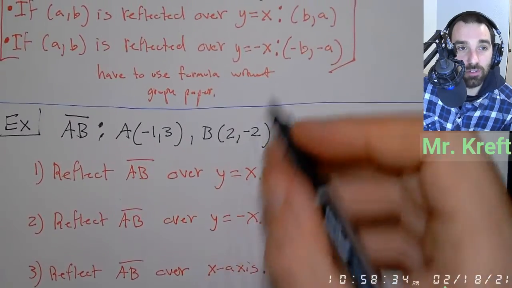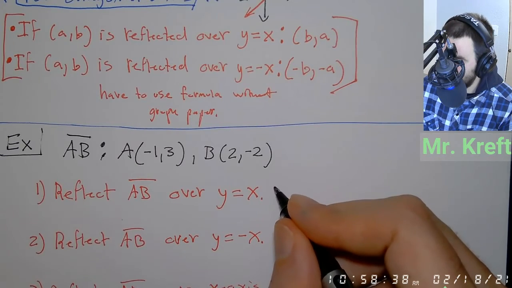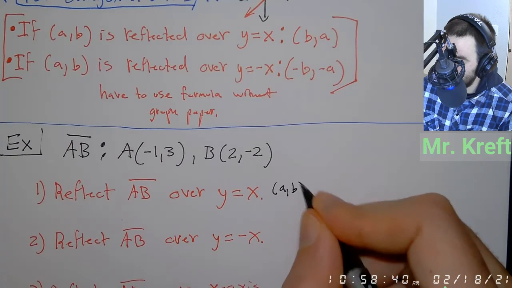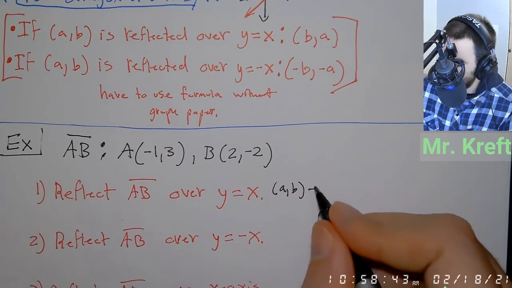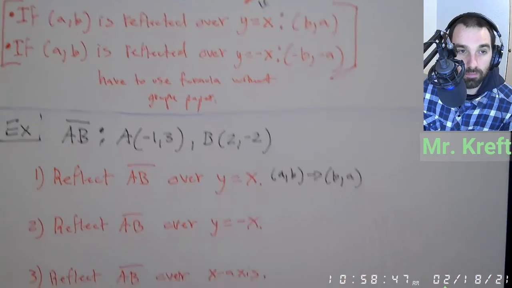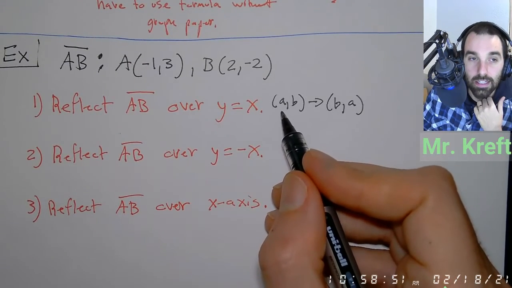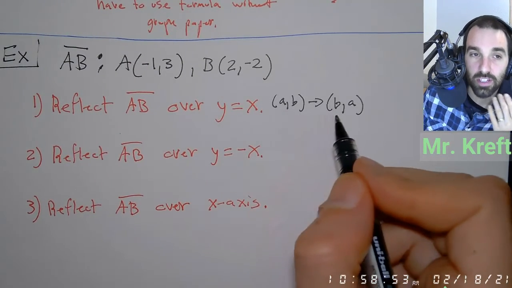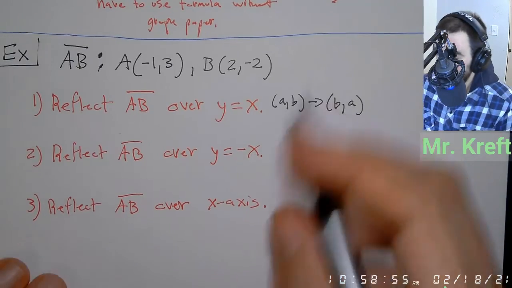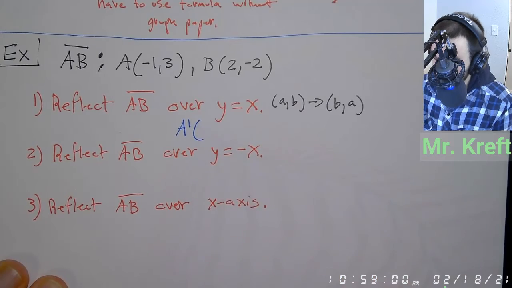So y equals x. I'm going to look at the formula. It can be summed up like this: I'm going to take every point (a, b) such that the b and the a are going to switch. Do you guys see that? So here's kind of like a shorthand of the formula.